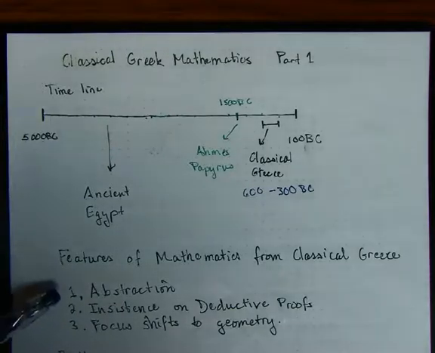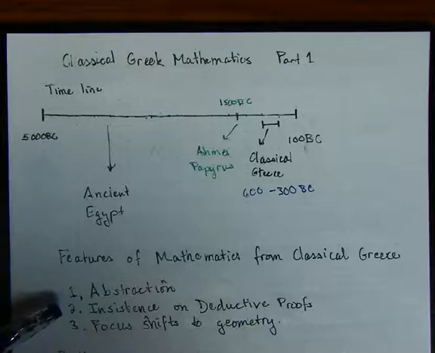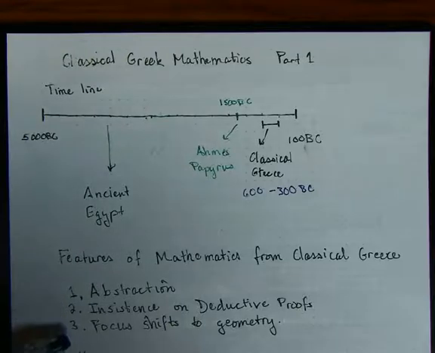So we don't have any record of dealing with abstraction, and we don't have any record of an insistence on deductive proofs. Another feature that we'll discuss in a later video is that classical Greek mathematics shifts focus from the arithmetic and algebra that we saw in the problems covered in the Alms Papyrus to geometry.